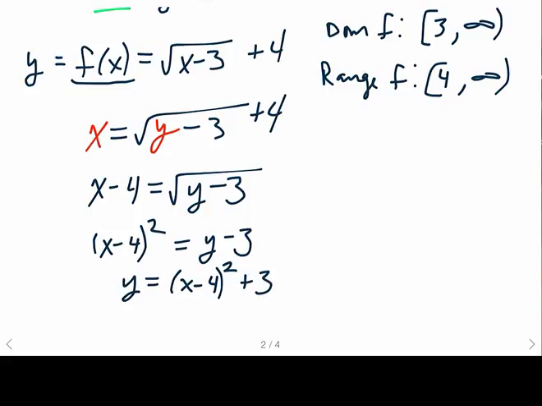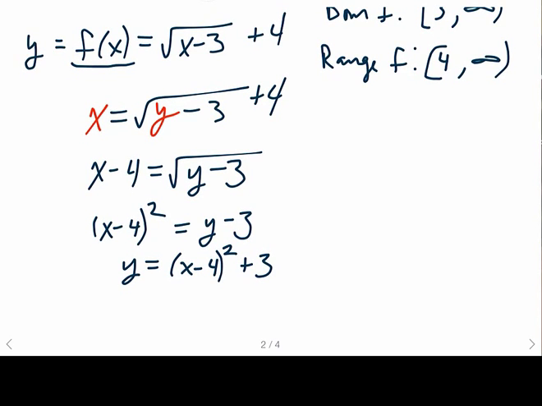I reversed the whole equation. And then finally, we're looking for f inverse, and so it's appropriate to give it an inverse function notation. We could be dealing with g or h, and so we want to label it appropriately. f inverse of x is equal to x minus 4, the quantity squared, plus 3.